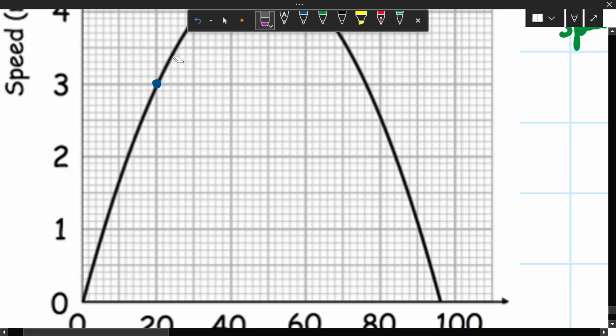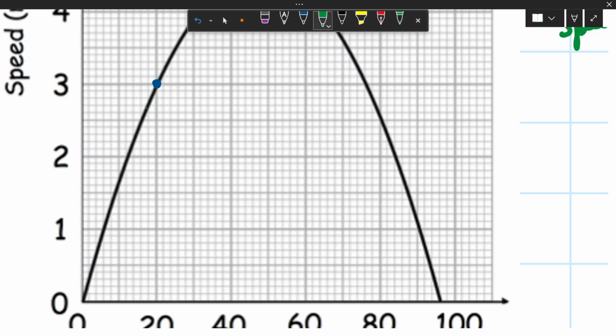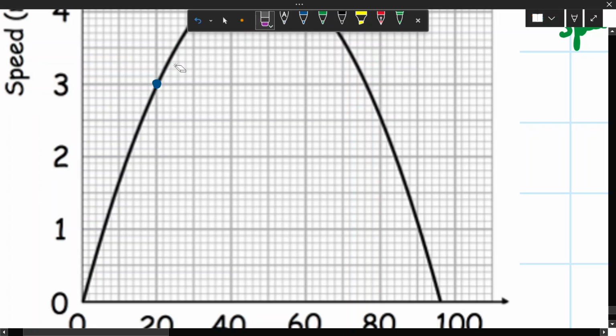It didn't work. Okay, let me see if I can do it. I was hoping this would become a straight line if I hold it long enough. No, it didn't. Okay, it didn't become a straight line.